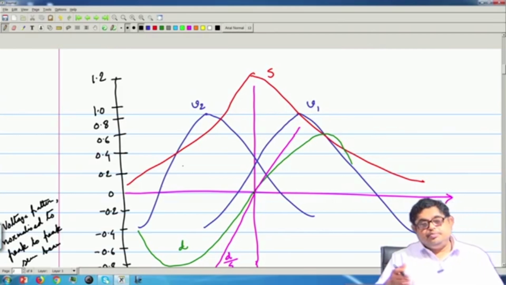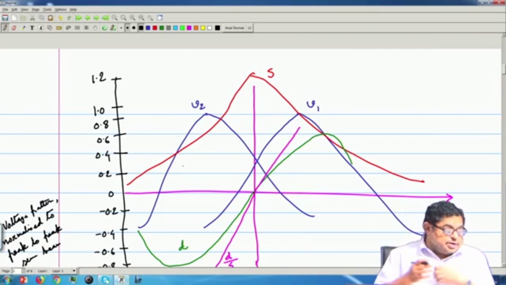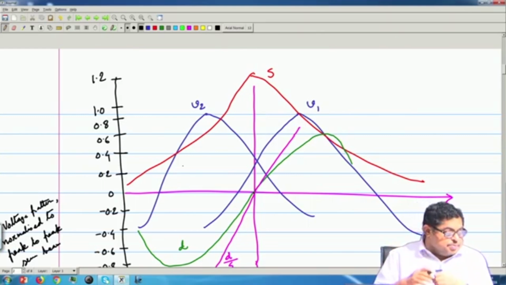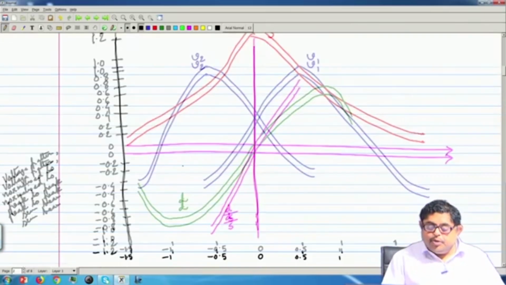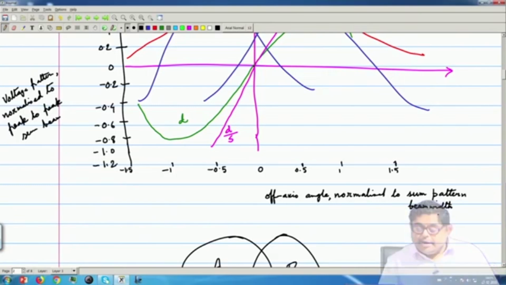So, we know from our antenna knowledge that the beam width of any antenna is defined as the angular interval between the points where the voltage pattern goes to 1 by root 2 times the peak. That is why you see that this angle is given as the sum pattern beam width.